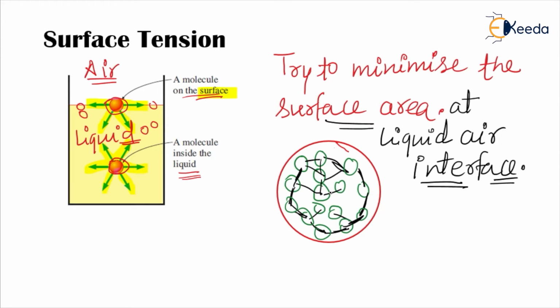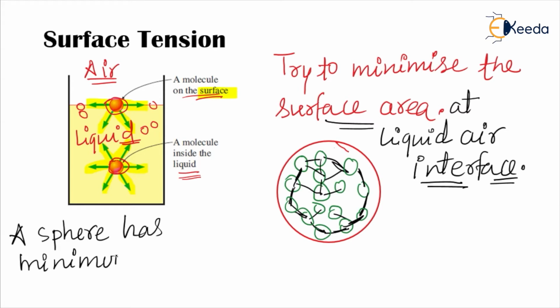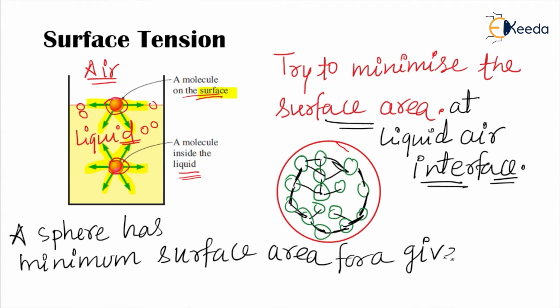They form a bubble-like shape, or spherical shape. Why spherical shape? Because you should know that a sphere has the minimum surface area for a given volume.